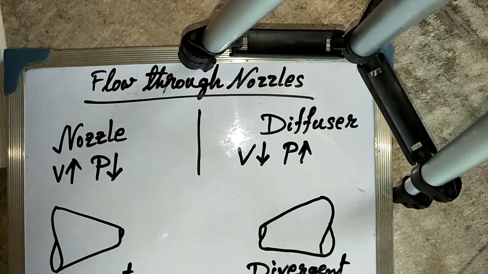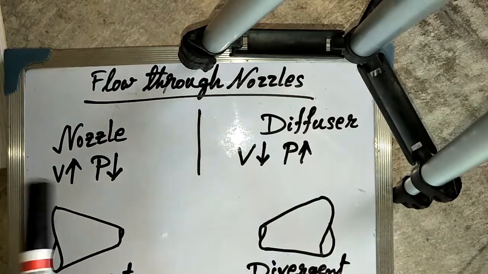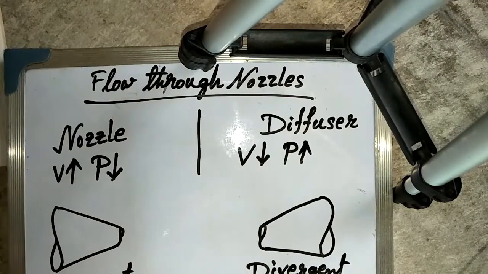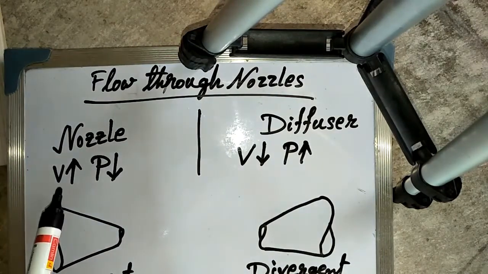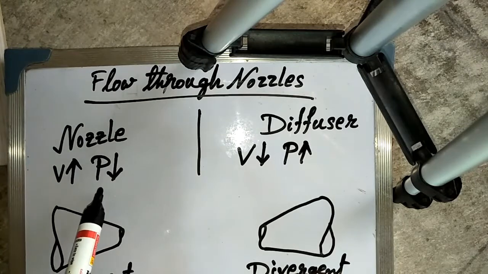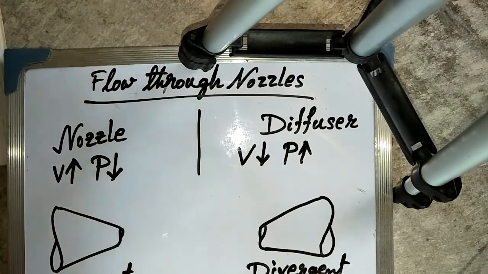A nozzle is a duct through which flowing, the velocity of the fluid increases at the expense of pressure drop. That means in the nozzle, the velocity of the fluid is getting increased and the pressure of that fluid is getting decreased. In case of a diffuser, it is a duct which decreases the velocity of the fluid and causes a corresponding increase in pressure.